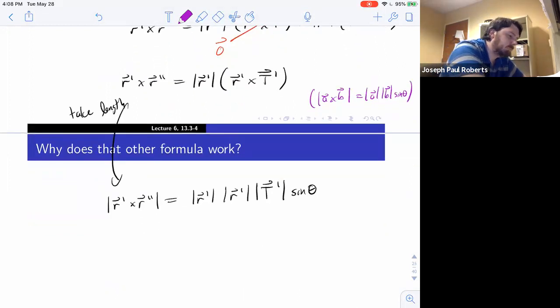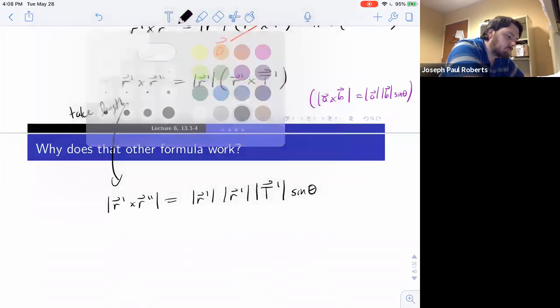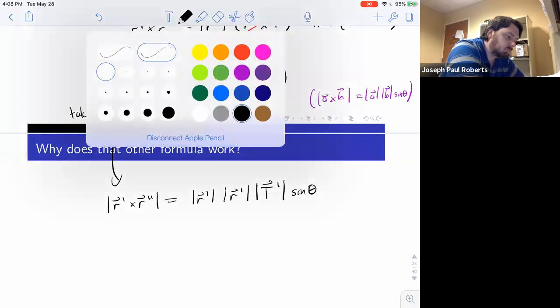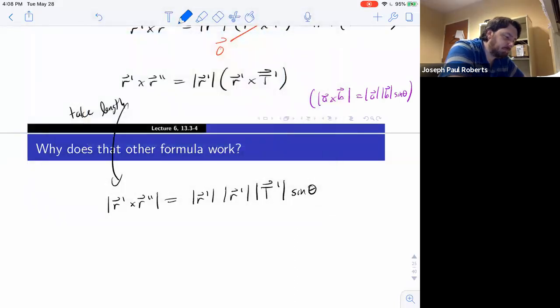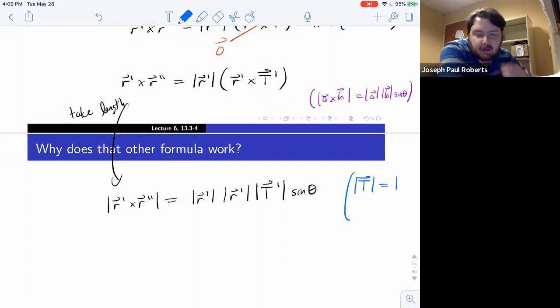Now, what else do we have? Yesterday, we talked about how when you have a vector function whose length is constant, that implies it and its derivative are perpendicular.